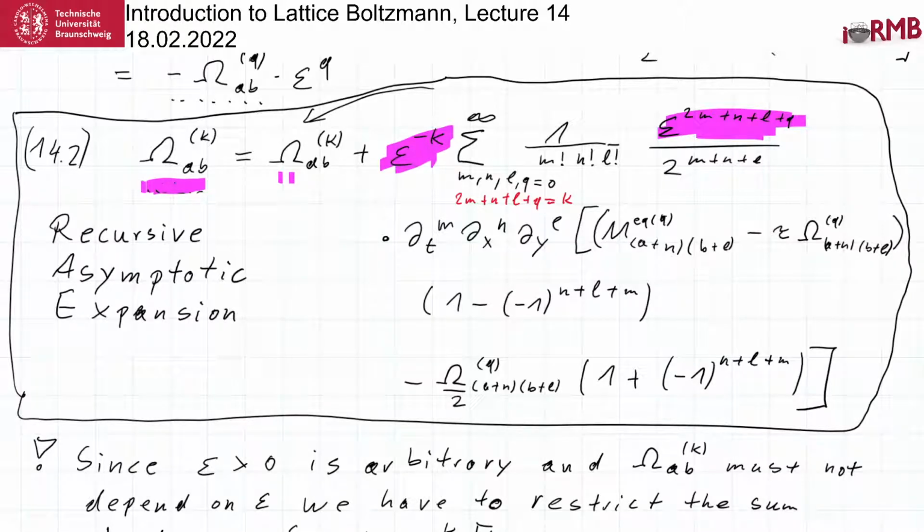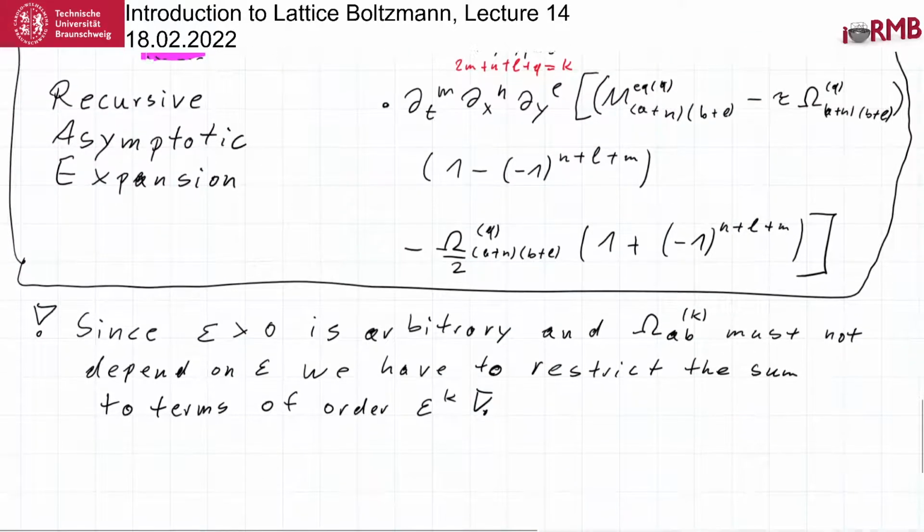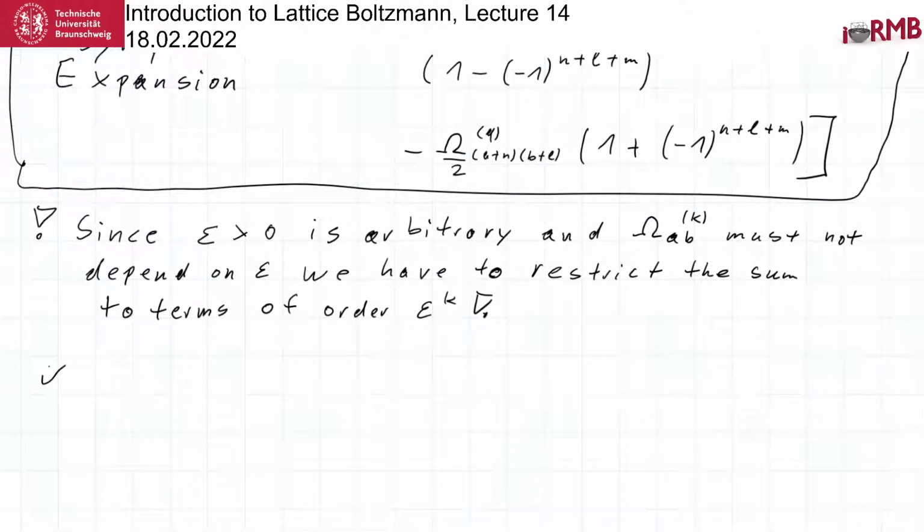Why is it recursive? Well, we have an equation for omega AB, which of course includes omega AB. So in order to compute omega AB, we have to put it into itself.